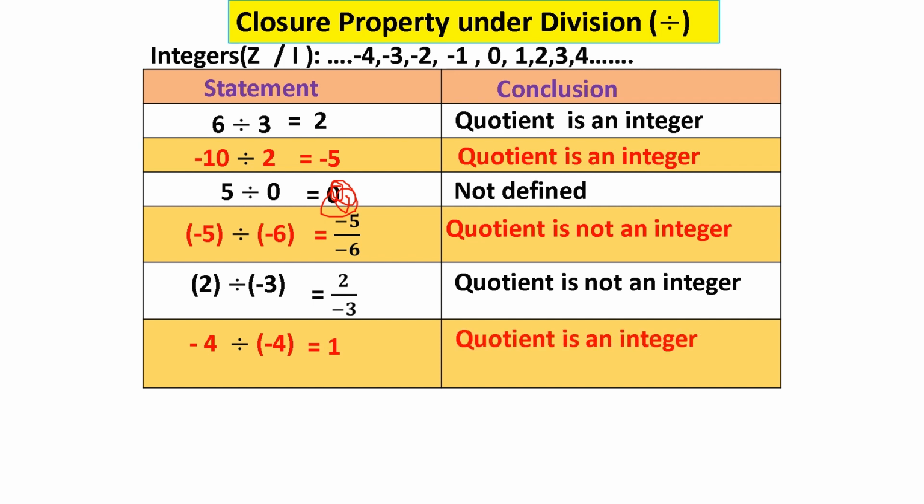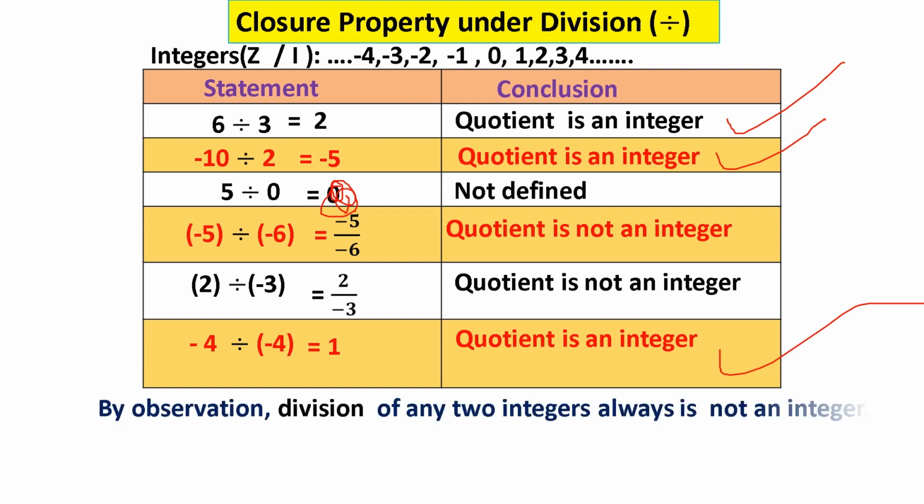Now observe, in 3 examples we get integers, but from another 3 we could not get integers. That's why, from this table by observation, division of any two integers may not always be an integer.